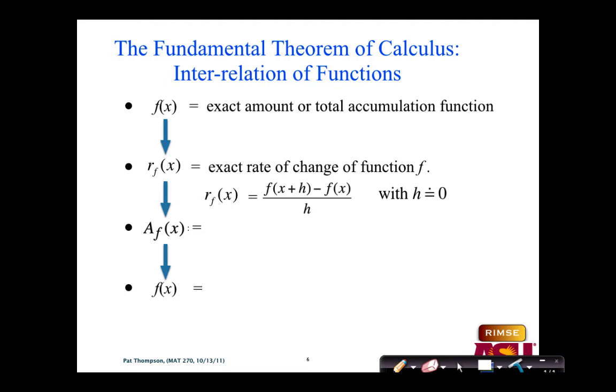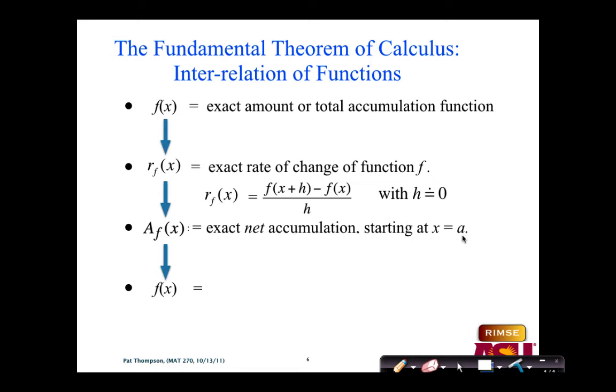But if I have an exact rate of change function, what we did prior to your last test was, well, if I have an exact rate of change function, I can generate accumulation. And we can do it approximately using a summation, or as we talked about just after your test, we can find an exact net accumulation starting at lowercase a with intervals of delta x, and then we let delta x become extremely small, which gives us exact net accumulation.